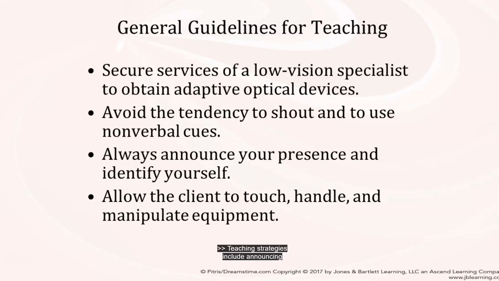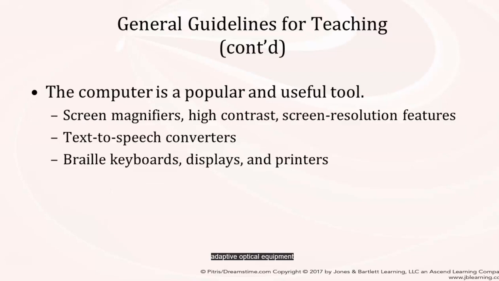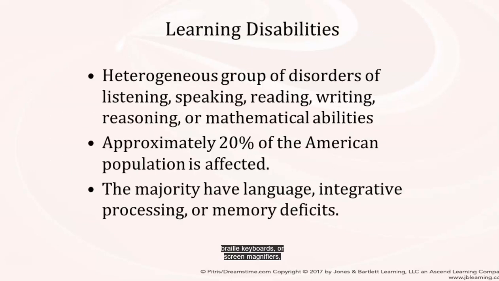Teaching strategies include announcing your presence and identifying yourself, allowing the client to touch and handle equipment, using black and white large printed materials, using alternative instructional tools such as auditory or tactile tools, using a low vision specialist for adaptive optical equipment, and using computers with text-to-speech converters, braille keyboards, or screen magnifiers.